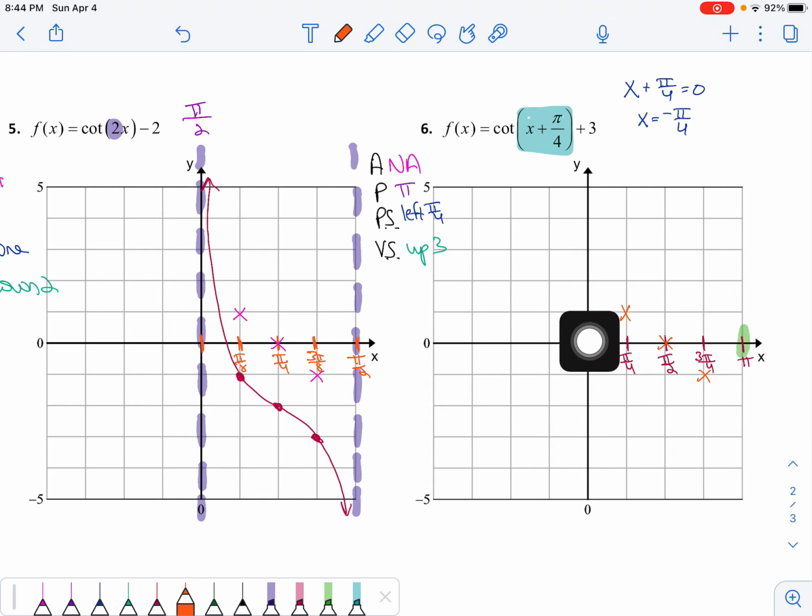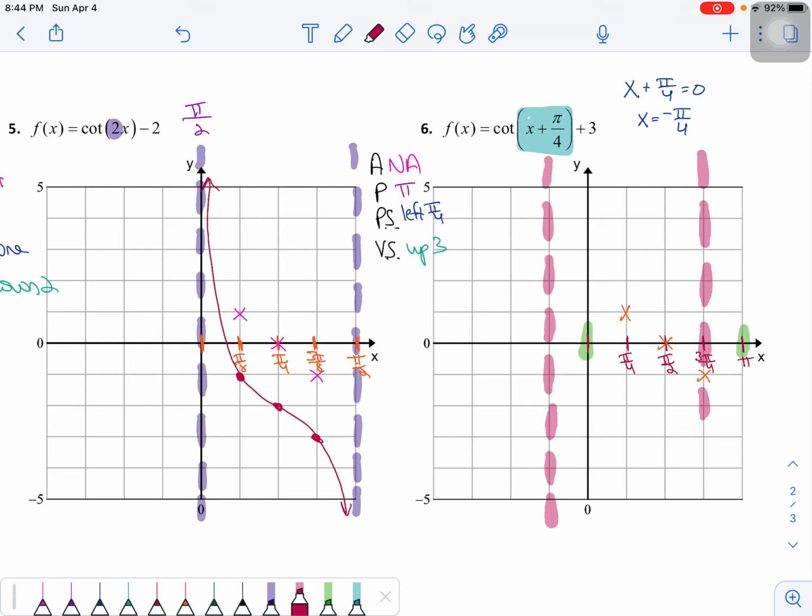Now, I'm having issues here. Sorry about that. So every one of these points is going to shift left pi over 4. So 1 space to the left and 3 spaces up. Now the vertical asymptotes don't shift up. They're vertical lines. They're just going to shift to the left. So let's go ahead and shift those to the left 1 space. And before I do anything else about that one, I am going to quickly go and label my x-axis. So negative pi over 4.